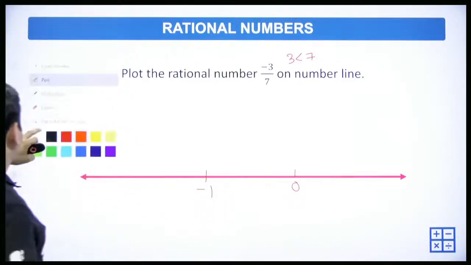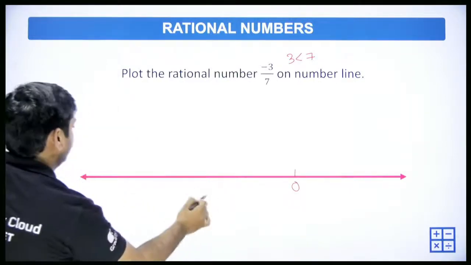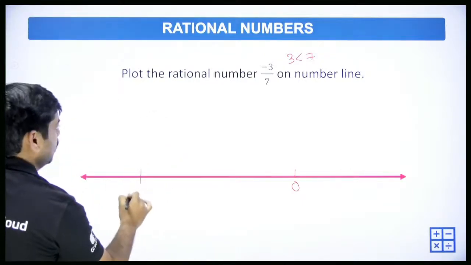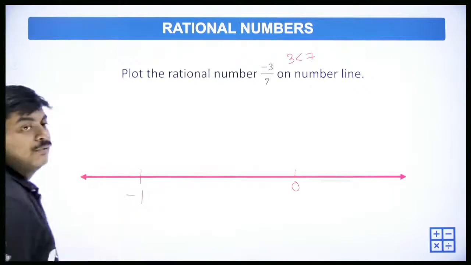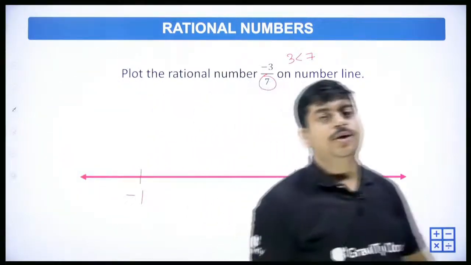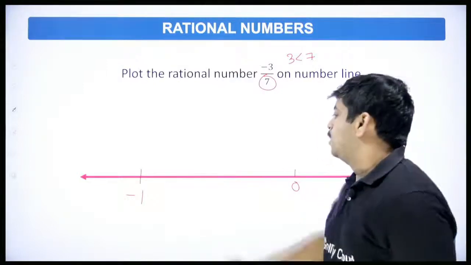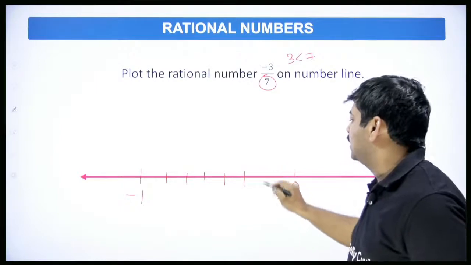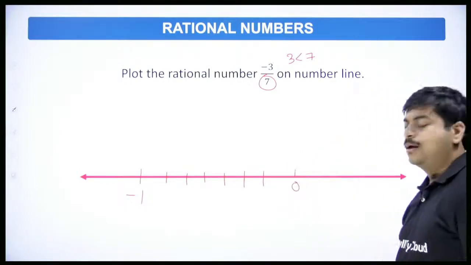Let us give more space to write minus 1 so that we can keep as many parts as we want. Between 0 and minus 1, we need to divide into 7 parts: 1, 2, 3, 4, 5, 6, and this is the 7th part.